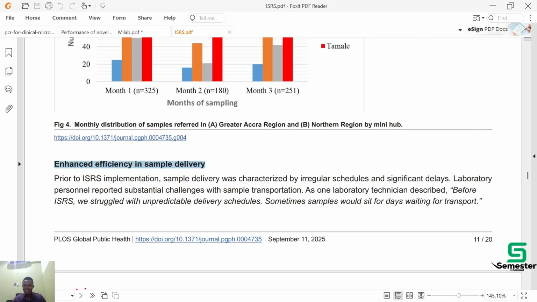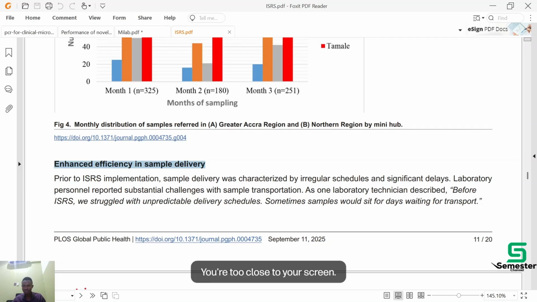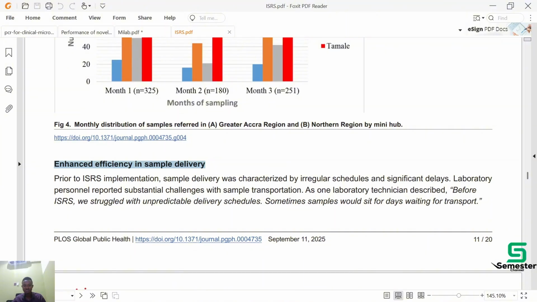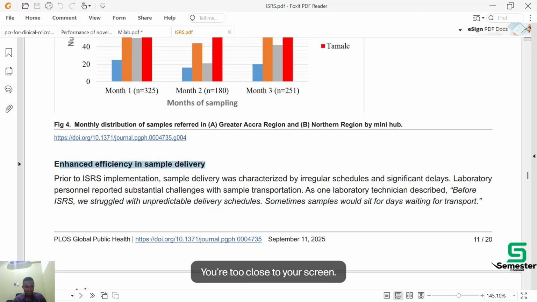So we said, as one laboratory technician described, before the integrated sample referral system, we struggled with unpredictable delivery schedules. Sometimes samples would sit for days waiting for transport. So this is what the participant said, and it is giving the evidence to this theme.